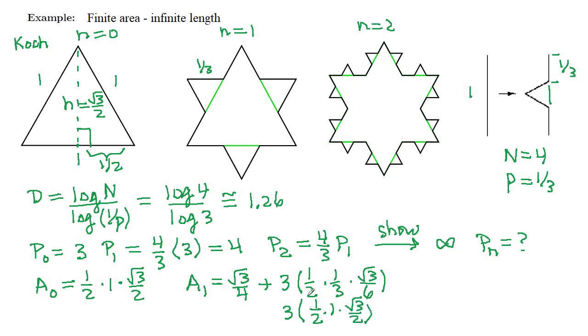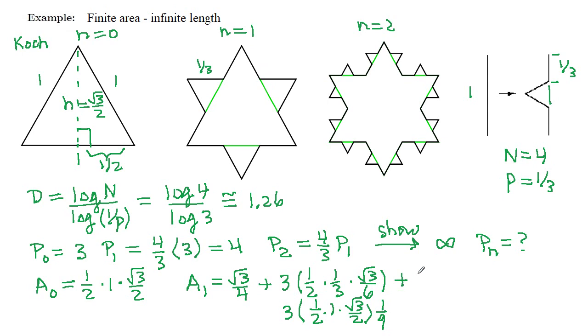And then the 1 got multiplied by 1/3 because the new base is 1/3 as long. And the new height was the old height, √3/2, times 1/3. So times 1/9. So this 1/9 is saying that the area of these smaller triangles is 1/9 of the area of the bigger ones.